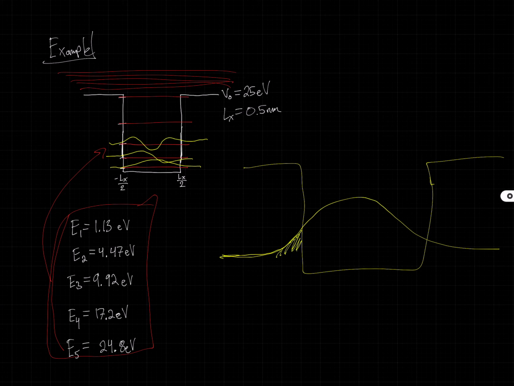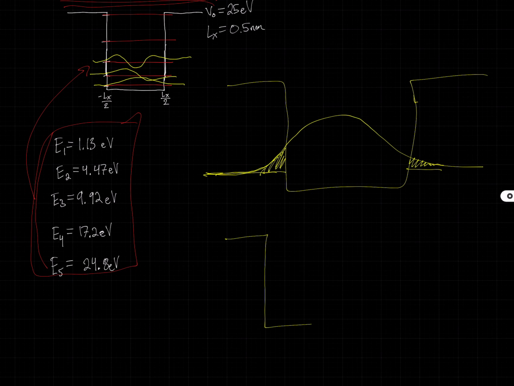So there is a possibility of actually finding the electron there. This was not true for the infinite potential well, where we had a boundary at x equals 0 and x equals Lx where the wave function was equal to 0.